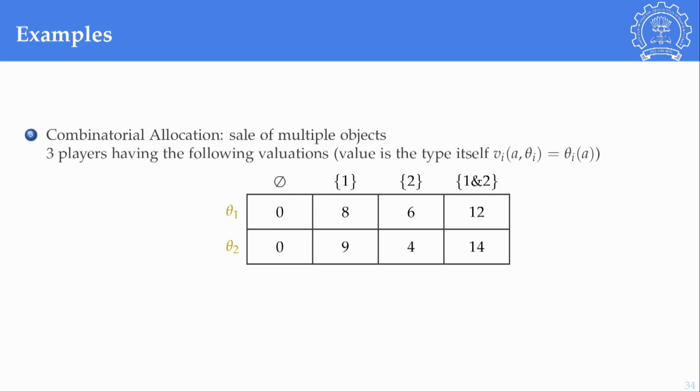Okay. So, another example of allocation is when we have not just one object to select, but a multiple set of objects, and we can actually give a combination of objects. So, in this example, suppose there are two items, and the bundles could be something like the empty bundle, for which everybody has a 0 value, just the first item, just the second item, or the bundle 1 and 2 together.